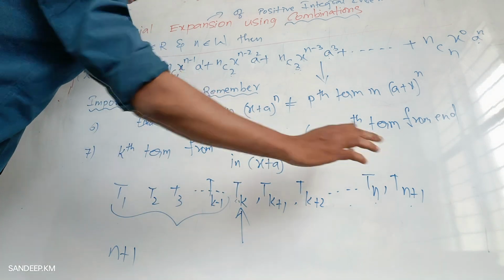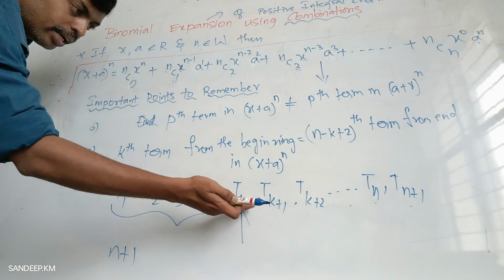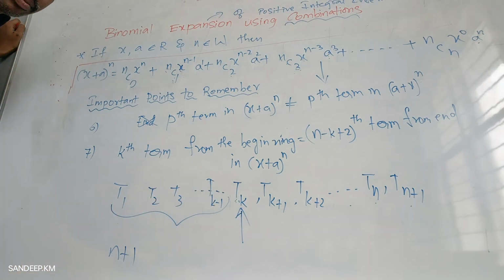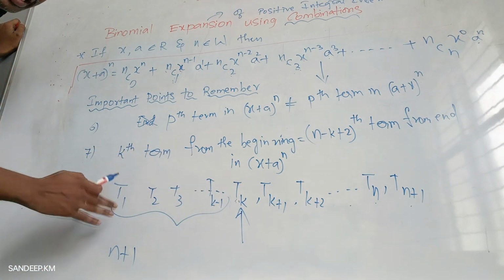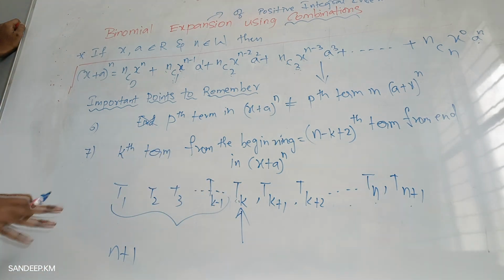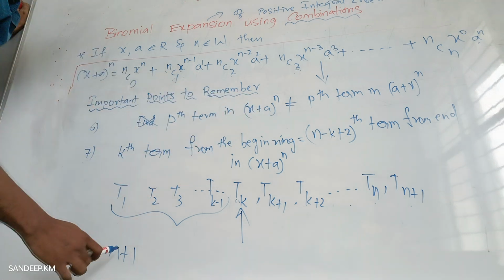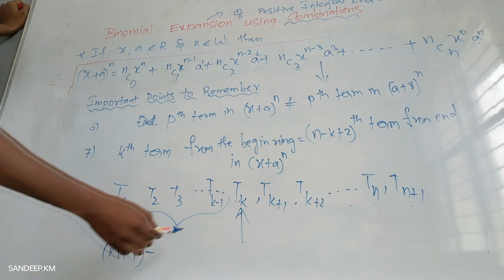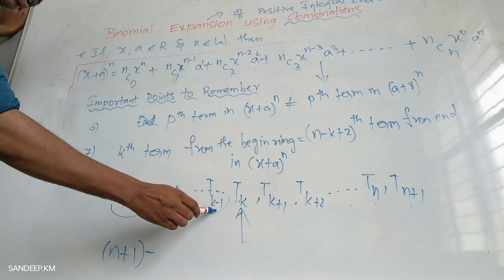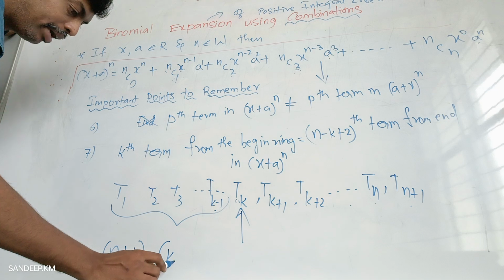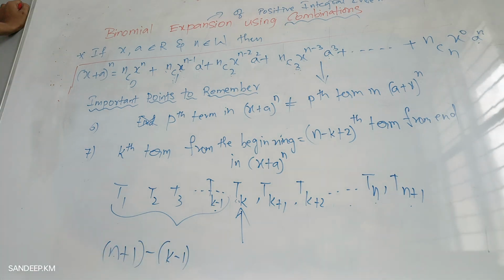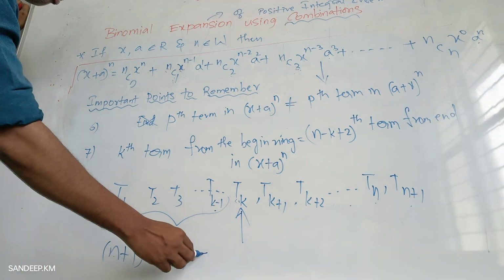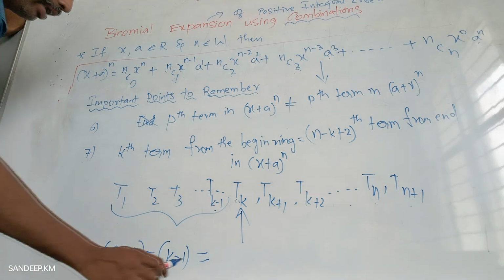From the total number of terms, if I remove all the terms before the kth term, then how many terms are remaining? From the total n + 1 terms, I have removed how many terms? k - 1 terms are removed. Then how many terms are remaining?